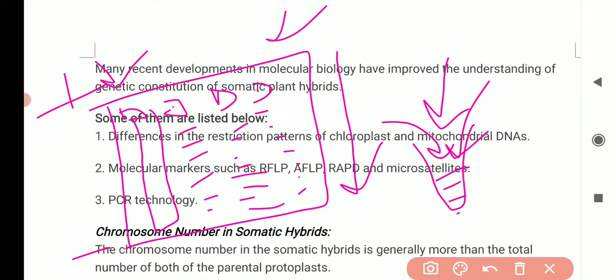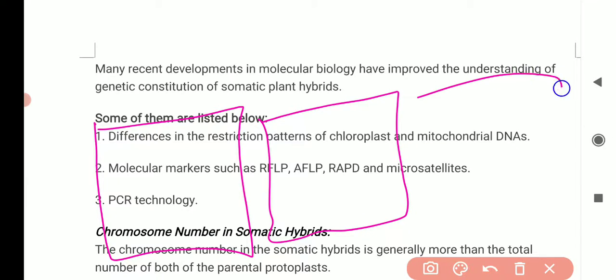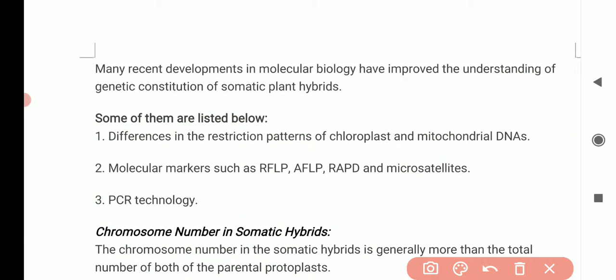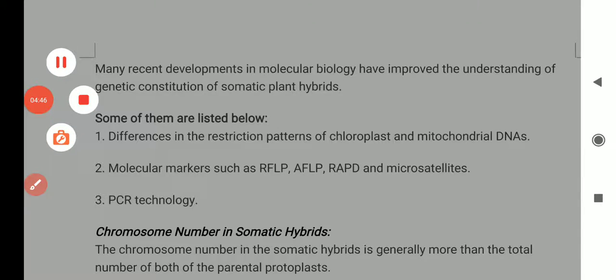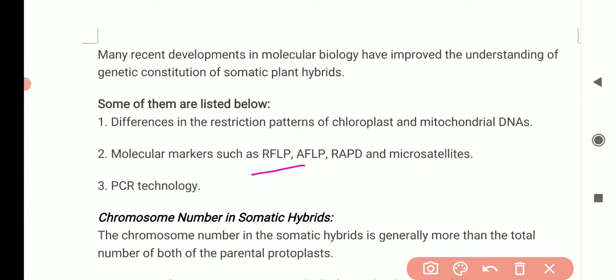You can differentiate between the genes of different plants, because each molecular, what to say, each one, RFLP. RFLP is restriction fragment length polymorphism. You can go through it in your own time if you want, but you will learn more about this in the masters.